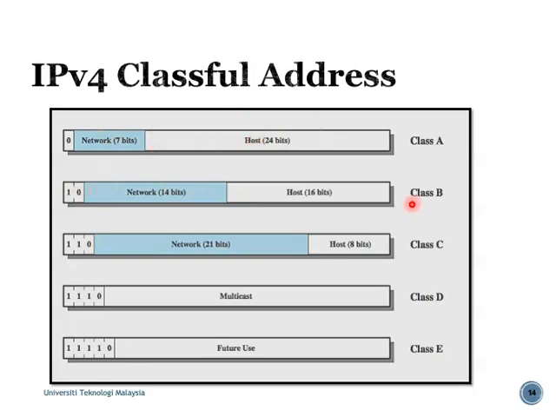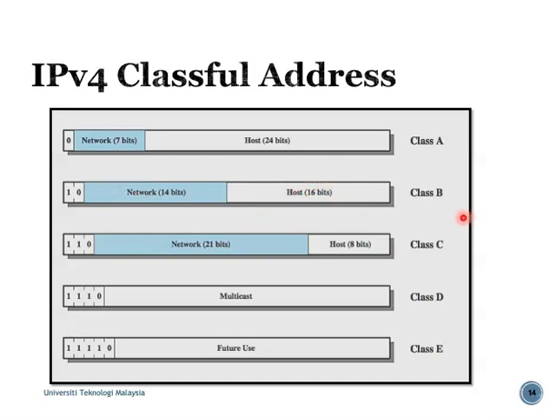For class B, it is for a medium number of networks. The first 2 bits are fixed, 10, to identify class B. The next 14 bits belong to the network, and the next 16 bits belong to the host.